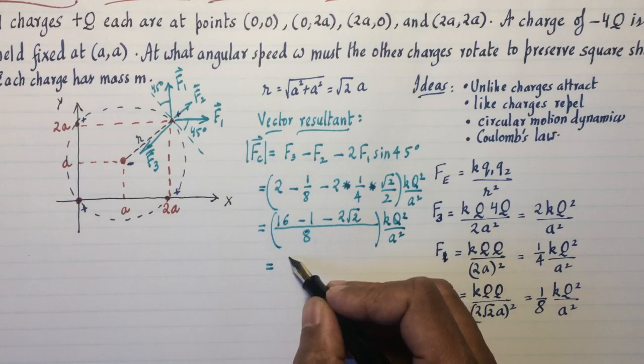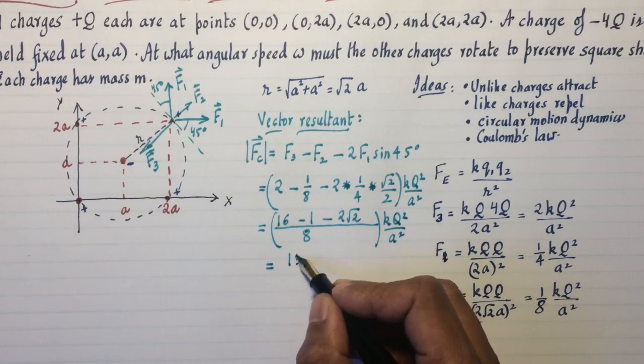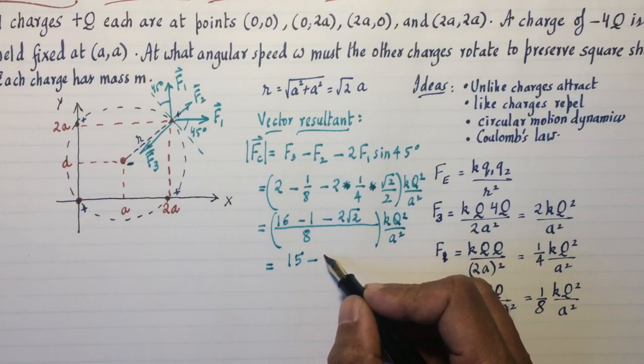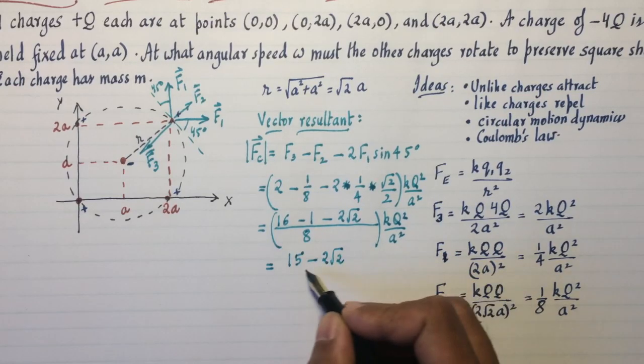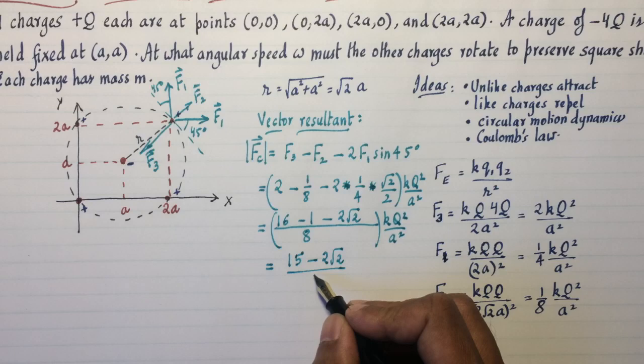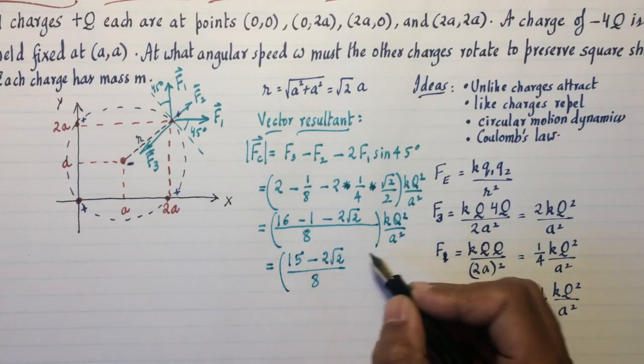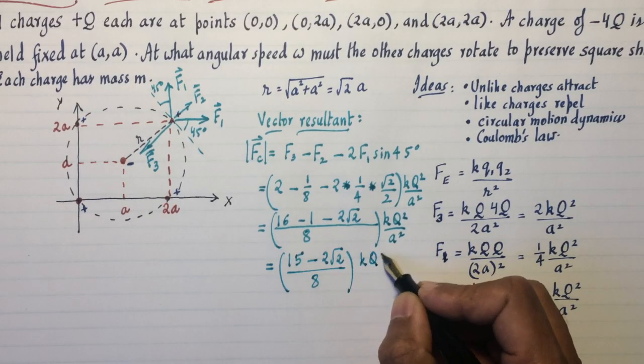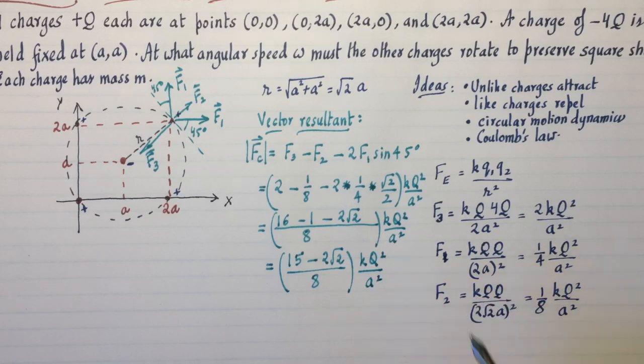Simplifying further, I get 15 minus 2 root 2 divided by 8 times KQ squared over A squared.